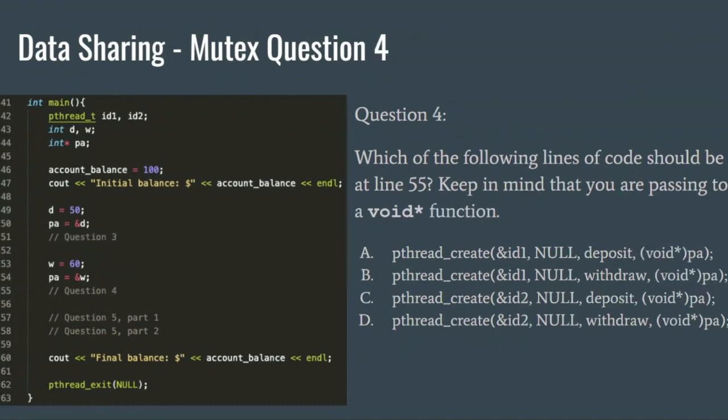Okay, question 4. Which of the lines of code should we be using at line 55? And remember, we're passing to a void star function. Both deposit and withdraw use a void star function.